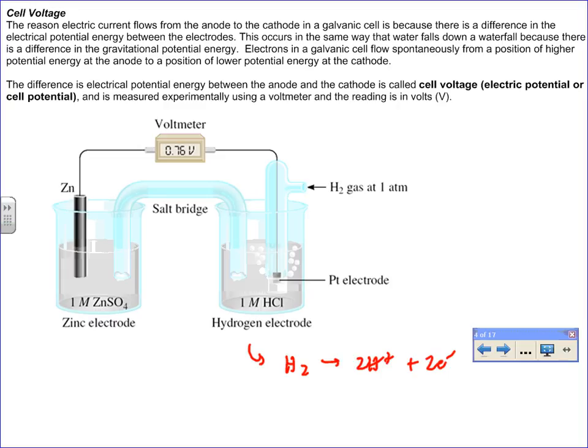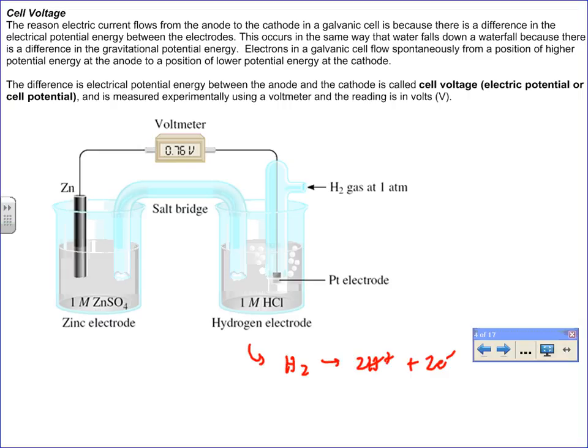Now, what we're going to do for the rest of the lesson is look at what's called cell voltage. When we're studying a galvanic cell, we've got electrons flowing from the anode to the cathode. The reason electrons flow in that way is because there's a difference in the electrical potential energy between the electrodes. Much like water will fall down a hill, the electrons will travel from a higher potential energy to a lower potential energy at the cathode.